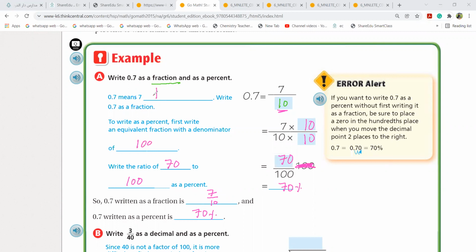Just fill up these. Let me know if you're done. Yes, we're done.